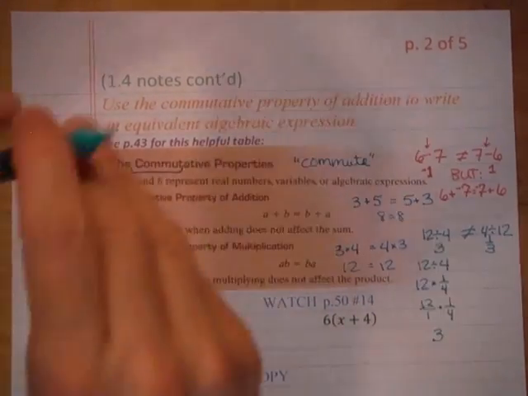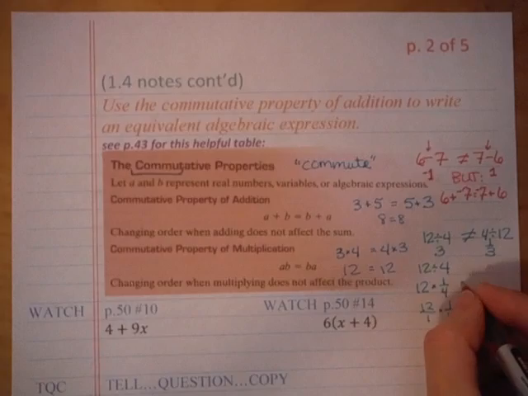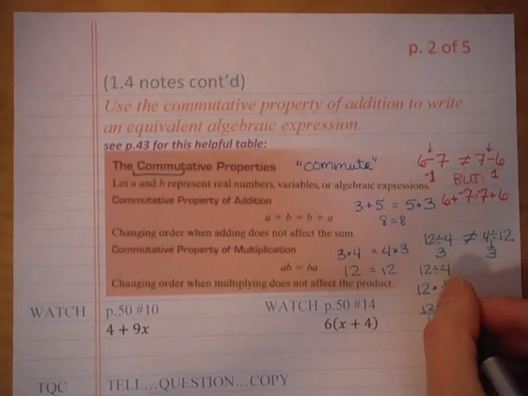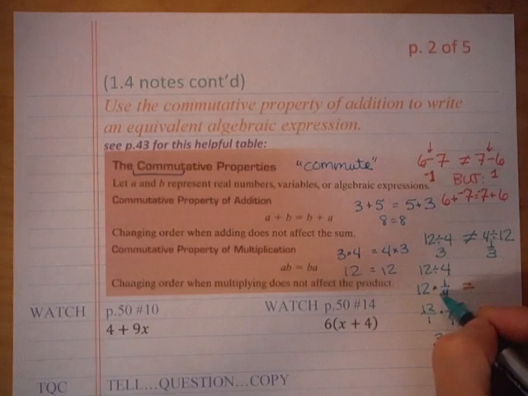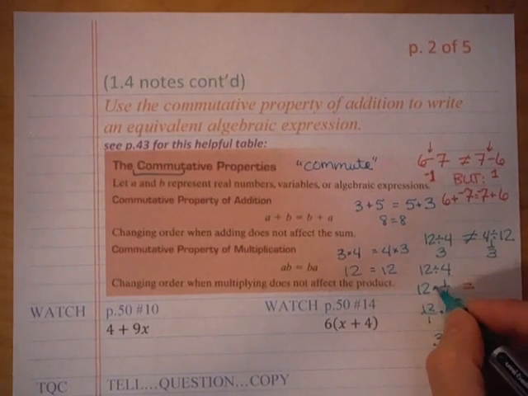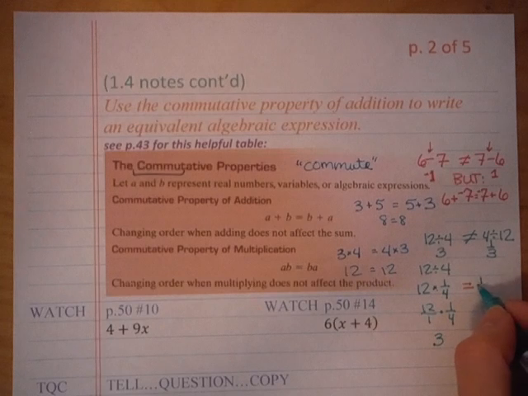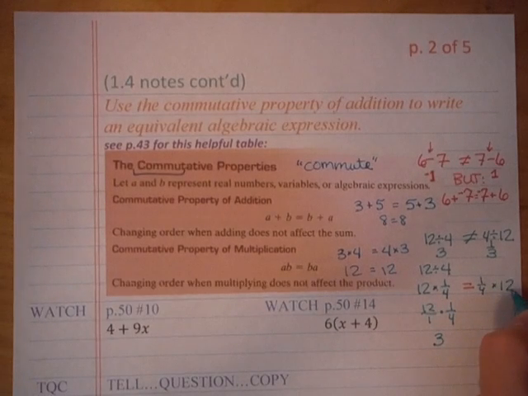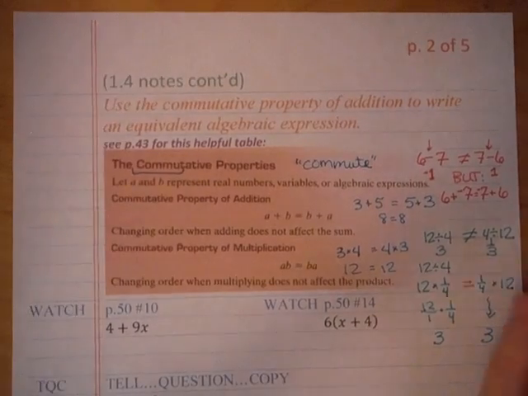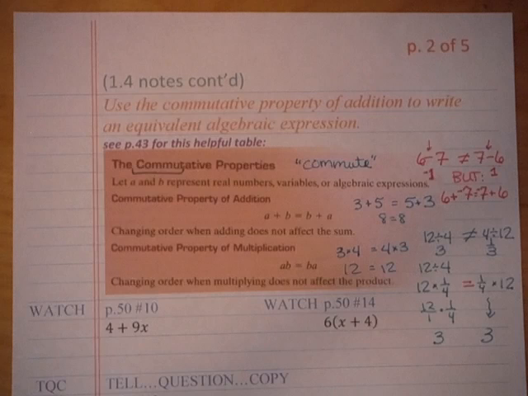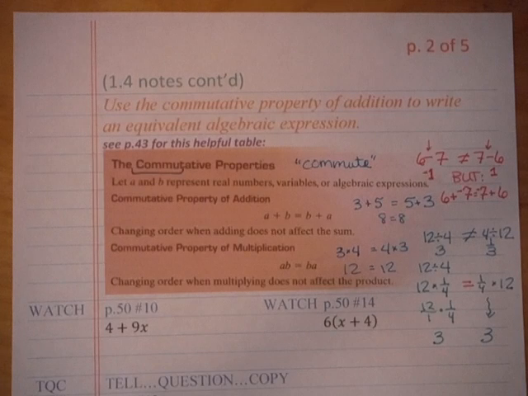Well, once it's in multiplication right here, I can go ahead and perform the commutative property. It's no longer written in terms of division. Now the commutative property applies because it's multiplication. I can go 1/4 times 12, and that gets me the same answer of 3, okay? So the commutative property works across the board as long as you're thinking about subtraction really being added to the negative, and division really being multiplying by the inverse.